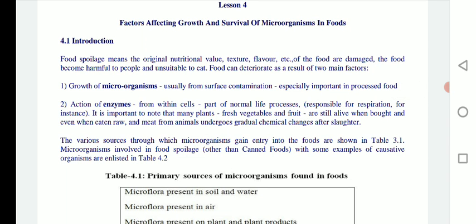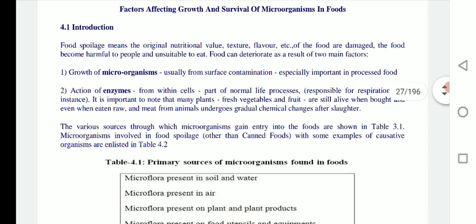Basically, food spoilage means the original nutritional value, texture, flavor, etc. of food are damaged. It alters the nutritional quality of food as well as its structure and flavor, and a foul smell or off flavor develops after spoilage.